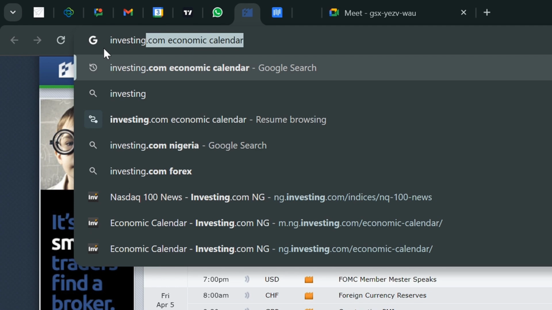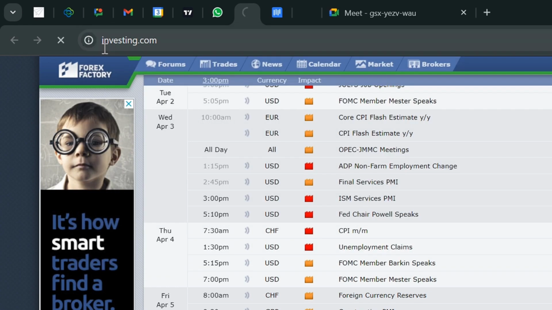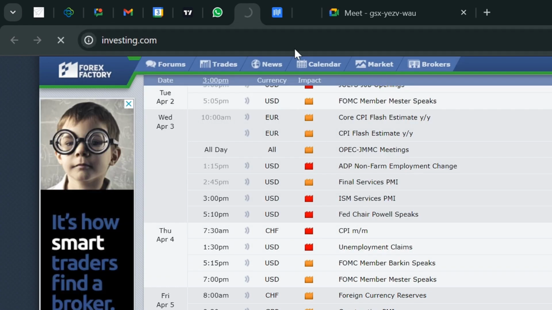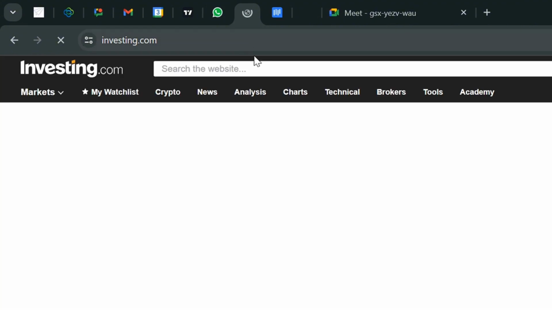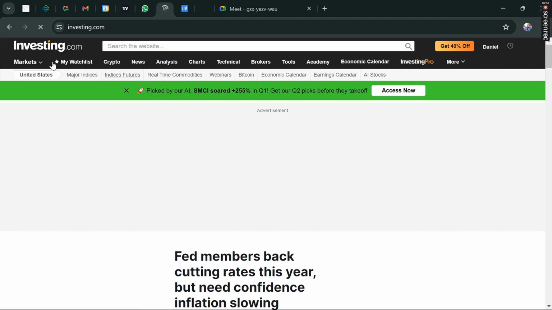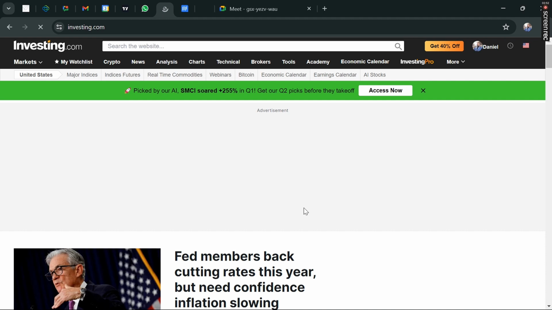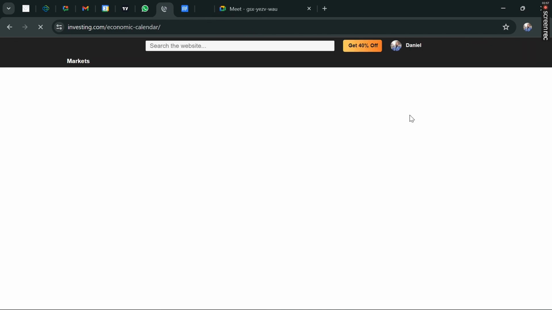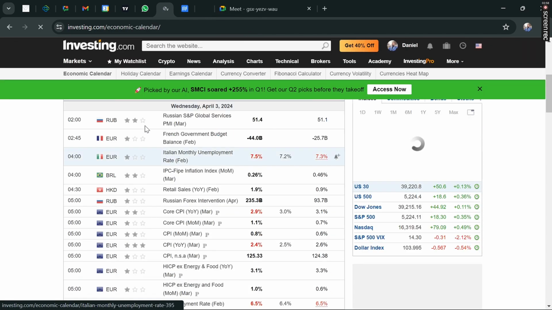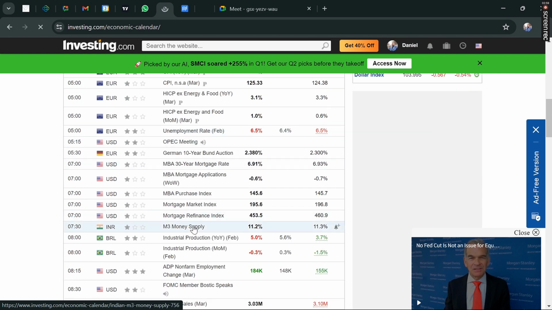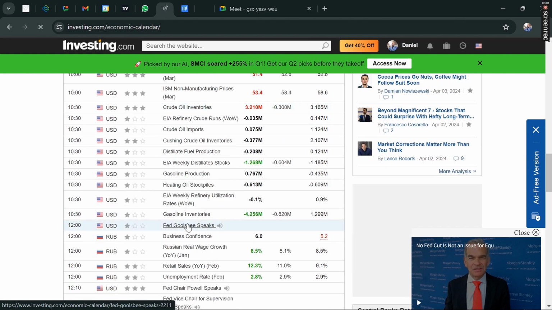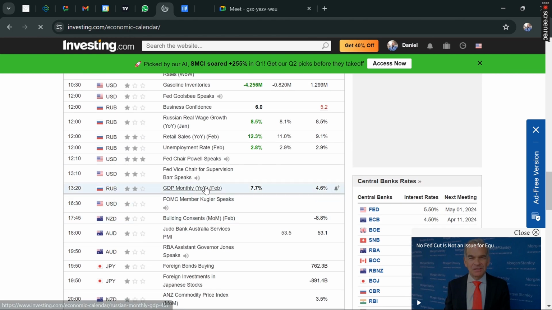Type investing.com on your Chrome or Safari, and let's wait for it to load. Once you come to investing.com, go to the economic calendar, this area here. Beautiful. You will get all the economic news for the week or the day, depending on your settings.